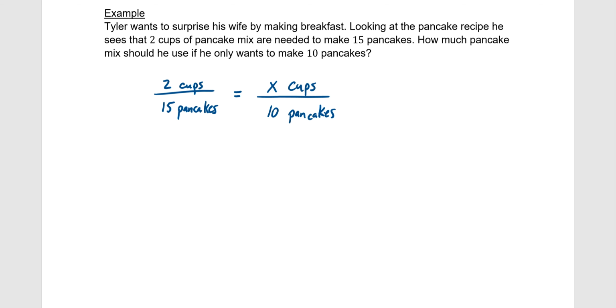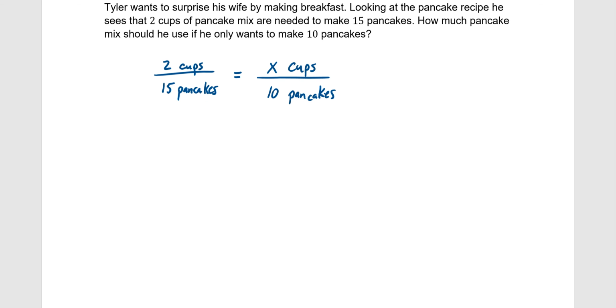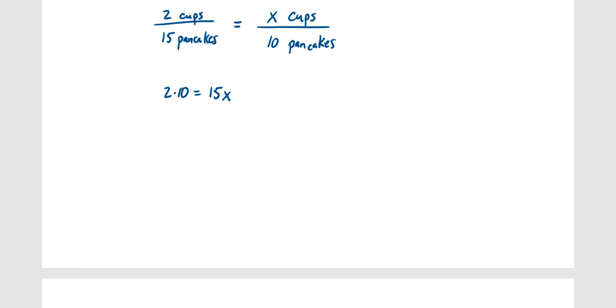Once again, solve this the same way that we did it. And cross multiply, so we get 2 times 10 equals 15 times x. So we're going to get 20 equals 15x. Divide both sides by 15. And we get 20 over 15 for x.